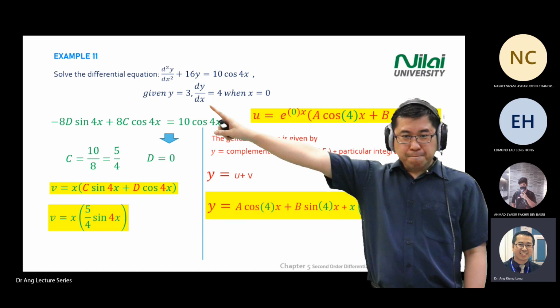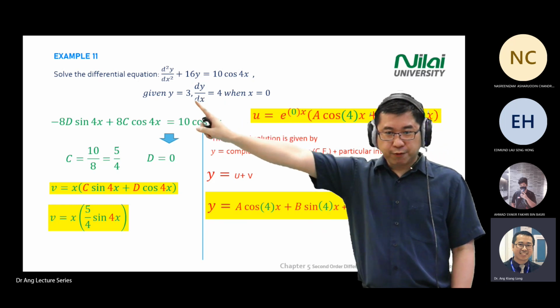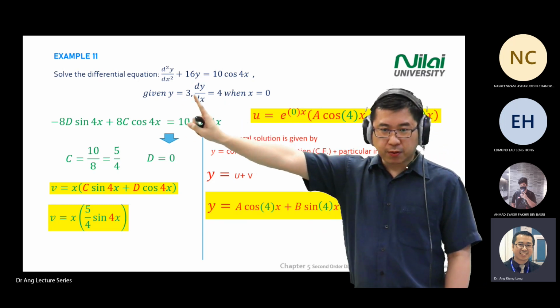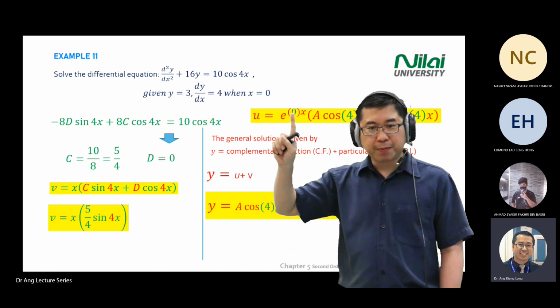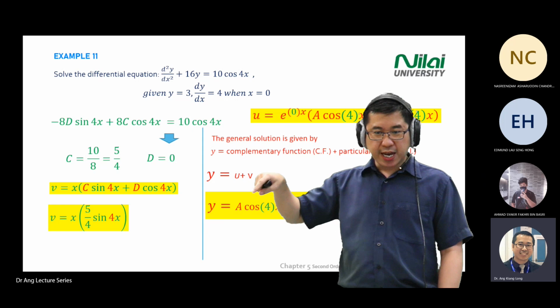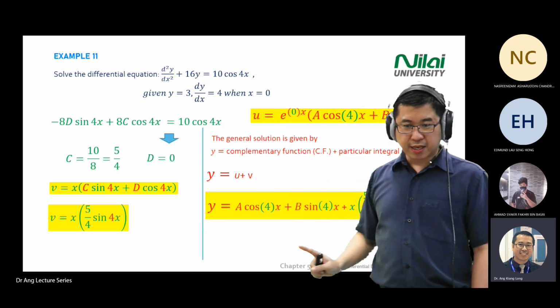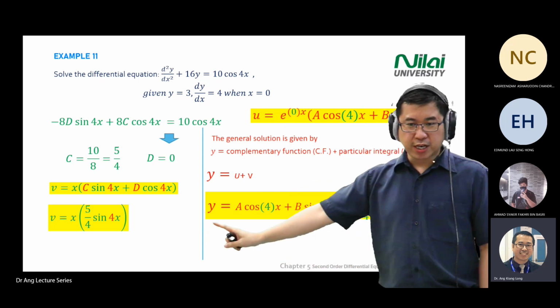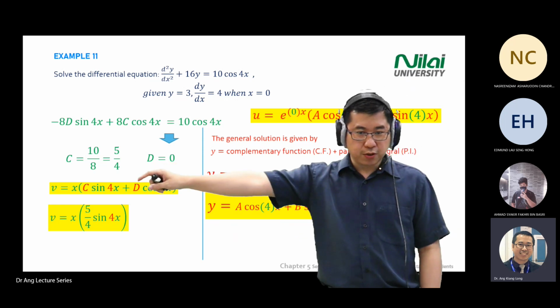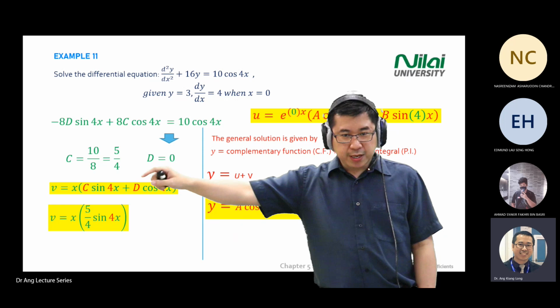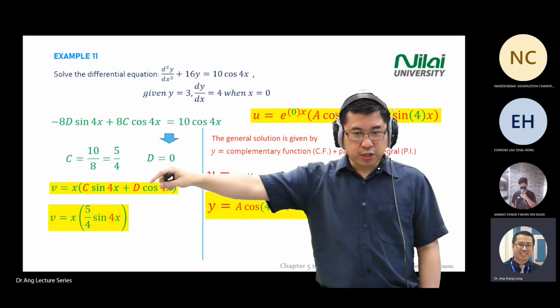Again, when the question gives you x something, y something, dy dx something, there's only one purpose, to find a and b in your general solution here. That's why it's important to change your table of your v equation into c and d.